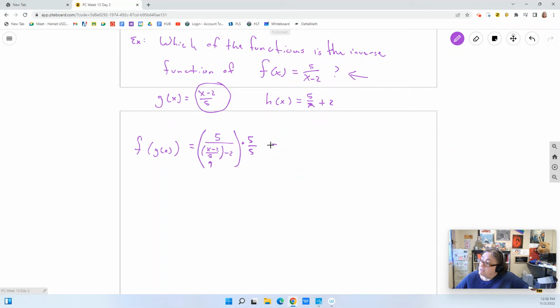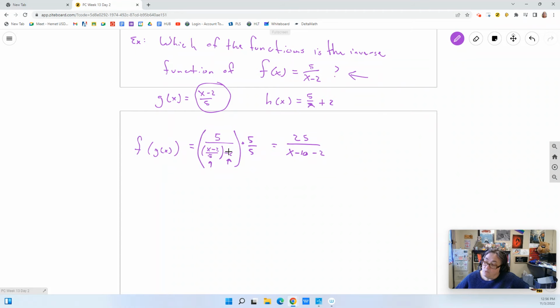Because what that does is it's going to give me 25 on top. But on the bottom here, each piece gets multiplied by 5, right? But when I multiply this piece by 5, the 5 goes away, and I wind up with x minus 2 times 5, minus 10, minus 2. This is the fraction that I'm left with, and then I've got that minus 2 that came from over here.